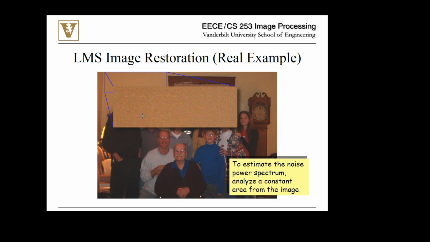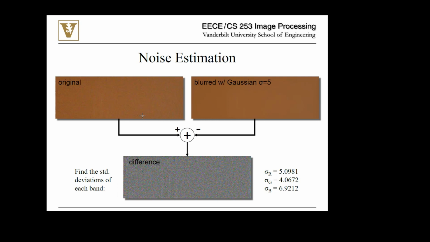So you take that region and you subtract. Okay, so the original may have a gradient. It may have a gradient of light or a gradient of paint or whatever. So this part might be brighter than this. So we want to get rid of that.